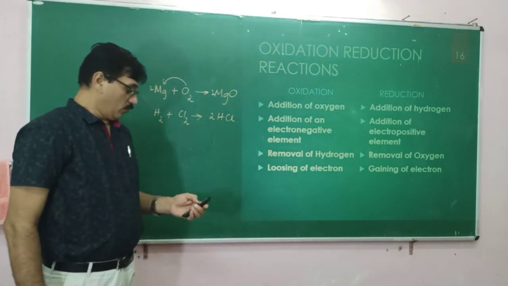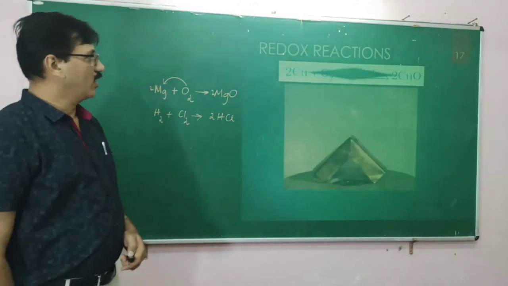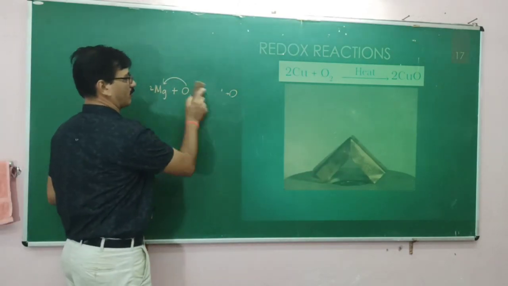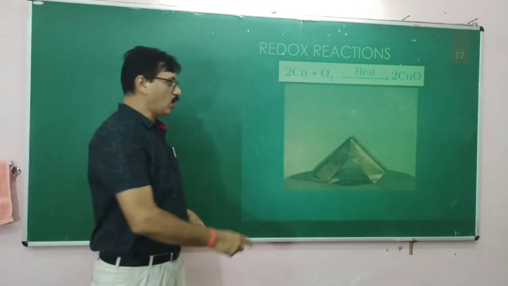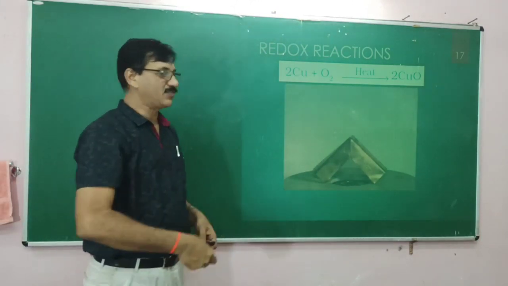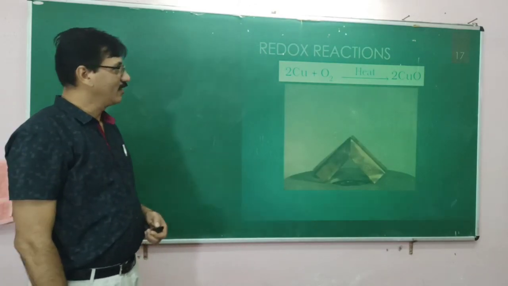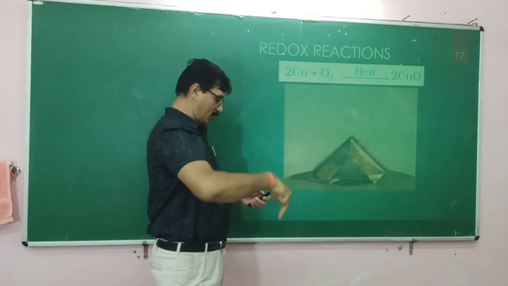So, let us take different examples of it. Say, copper undergoes oxidation when it is heated. Here is a copper metal bent in this form, kept in a stove, and the copper oxide can be reduced to copper.